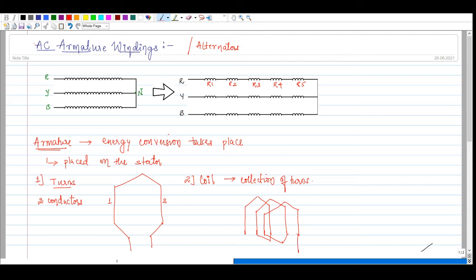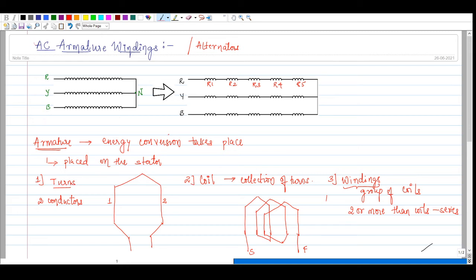So this is a group of turns. It will have a starting point and a finishing point. A group of turns we call a coil, whereas windings are the collection, or you can say a group, of coils. If two or more coils are connected in series or parallel fashion, we call it windings. So this is the difference between a turn, coil and winding.